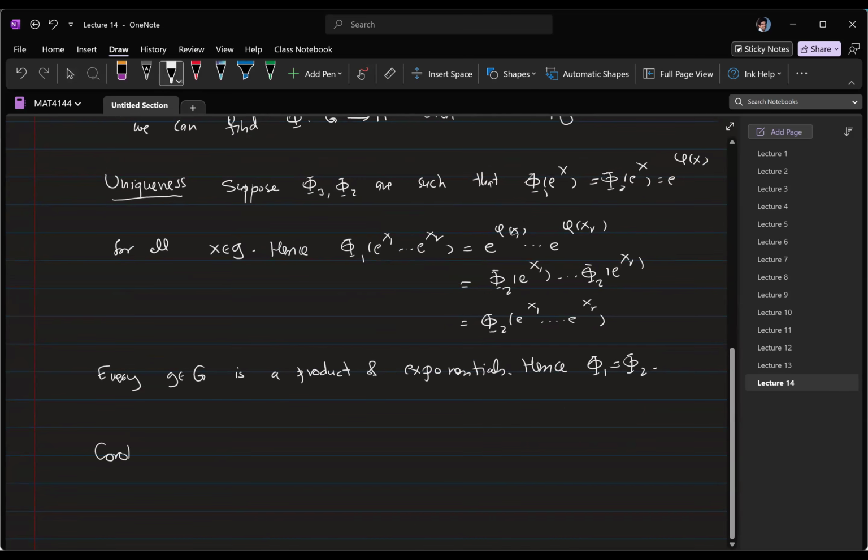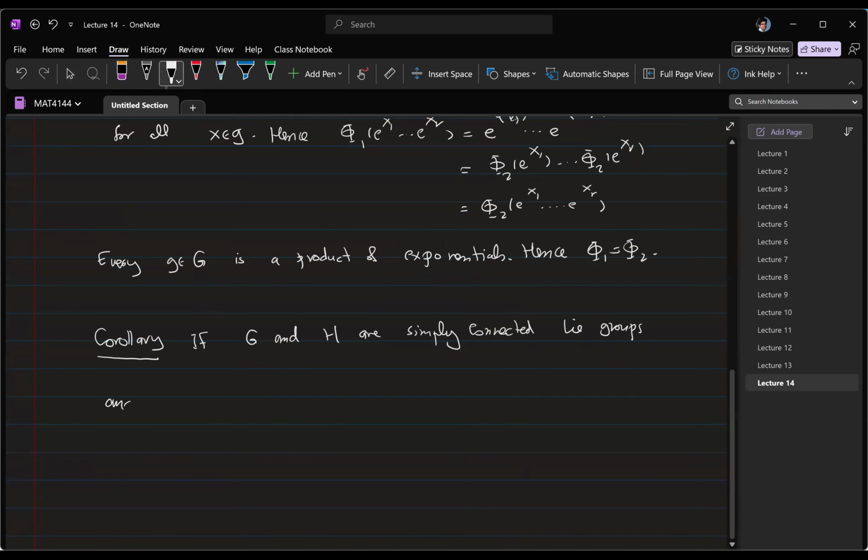Now, here's another corollary, which is interesting and important to know. If we have two simply connected Lie groups, and we know that their Lie algebras are isomorphic, then the two Lie groups are isomorphic.